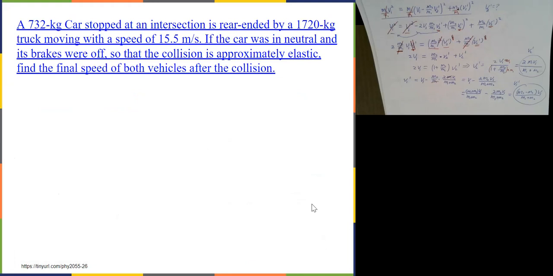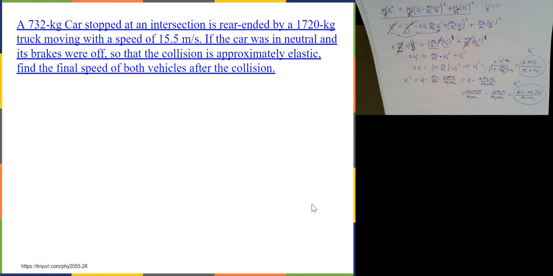In this case, your M1 is 1720 kilograms, and your M2 is 732. V1 is 15.5, V2 is 0. So then you can apply these two to solve for the final velocity.